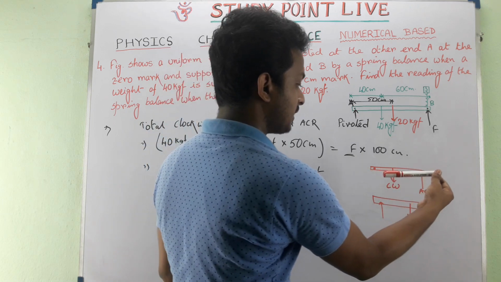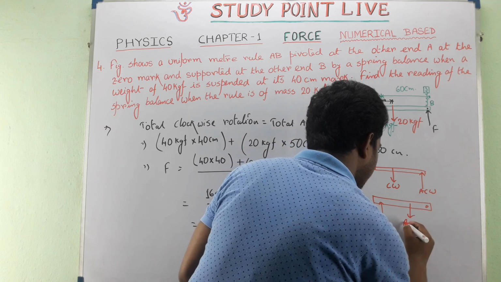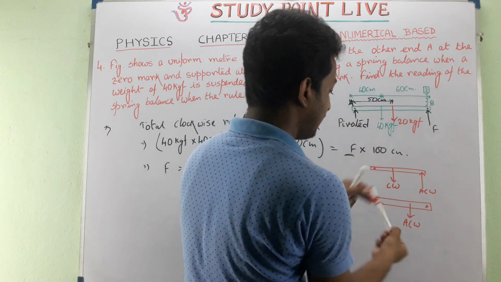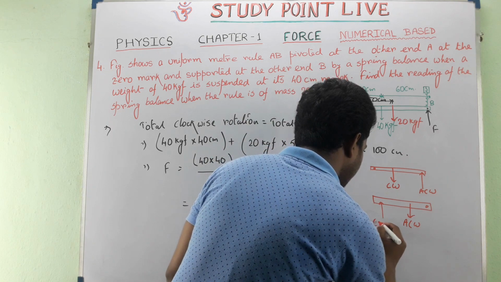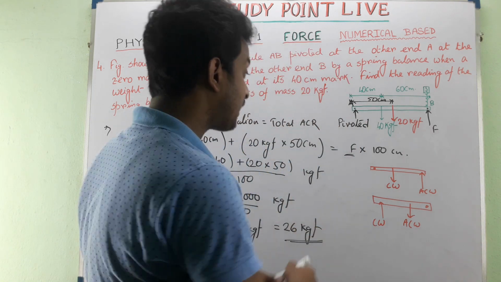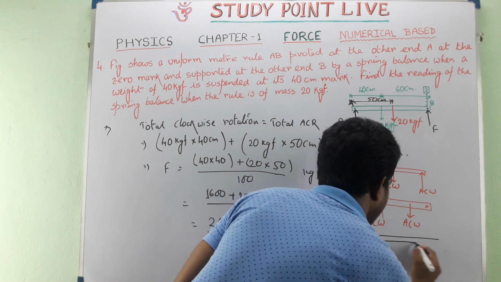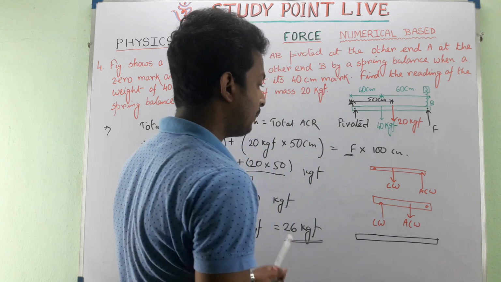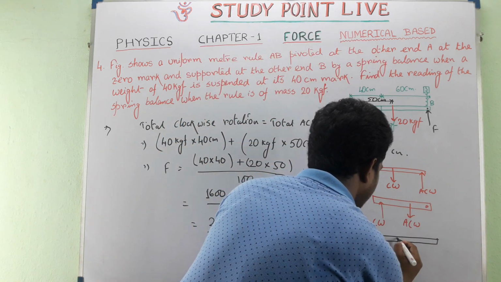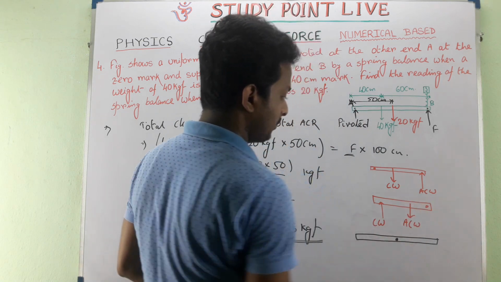This point is fixed. If the downward force occurs, it will give anti-clockwise rotation, and if the upward force occurs, it will give clockwise rotation. Now what is the combination of these two? If we combine these two, ultimately what will form? If this comes over here, the pivot point will be over here.